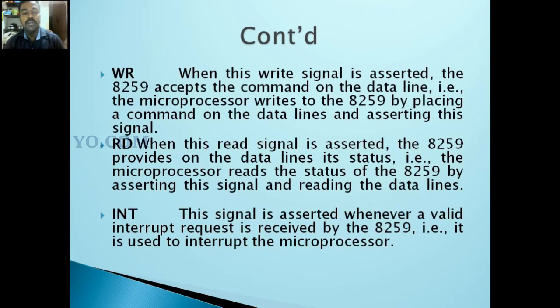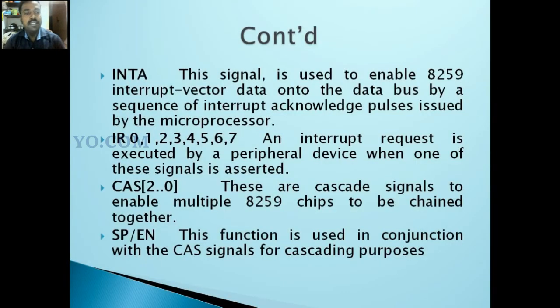The OCWs, that is the operational command words, are used to perform functions like masking interrupts, setting status, read operations, etc. The 8259 can be set to operate in various modes using 3 different OCWs. These OCWs can be written into the 8259 any time after initialization.